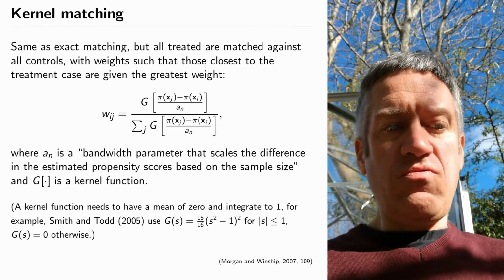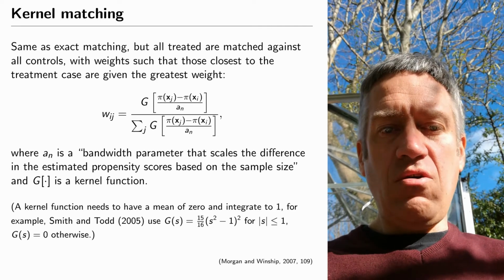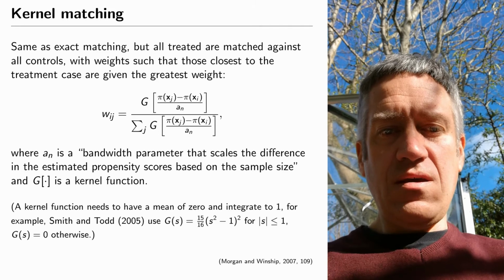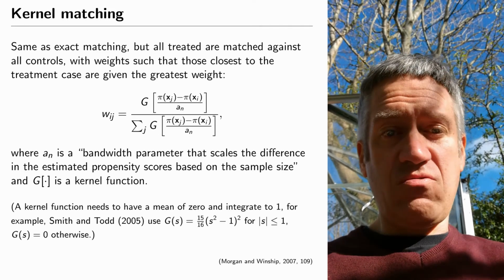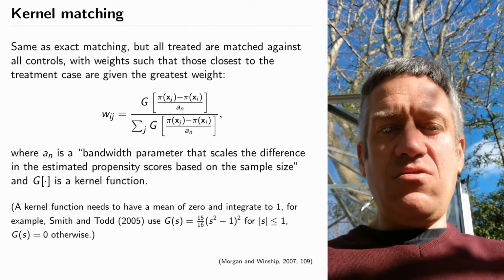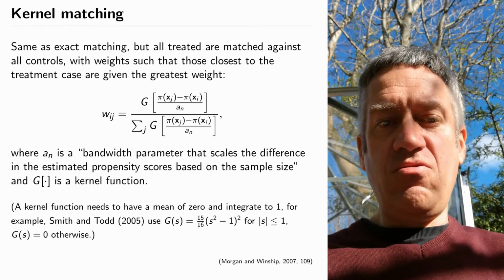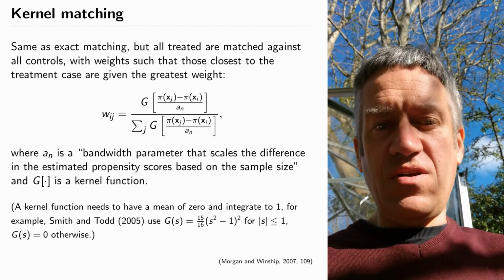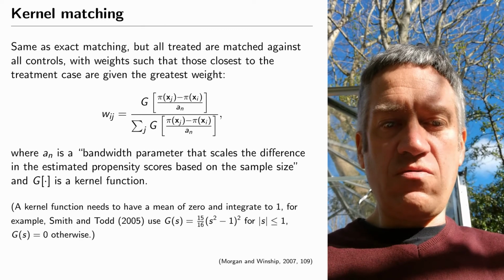So often we use, for example, a somewhat normal distribution, so that we put heavy weight on the cases that are close to the treatment case, and we very much downweigh all the observations that are far from this treatment case, but we still include them. So again, just like ridge regression versus stepwise regression, instead of including or excluding cases in our control, we just weigh them more heavily or less heavily based on how closely they are to those cases in the treatment group.